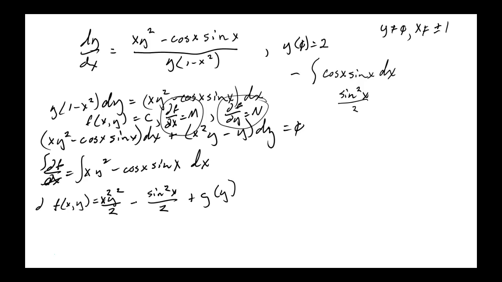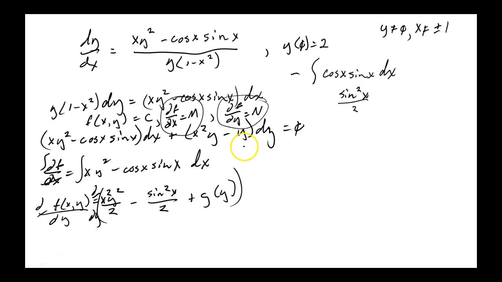Okay. So let's do the partial of this f with respect to y. And that had better be, and I wish I had left more room here, we're going to do the partial of this thing with respect to y.